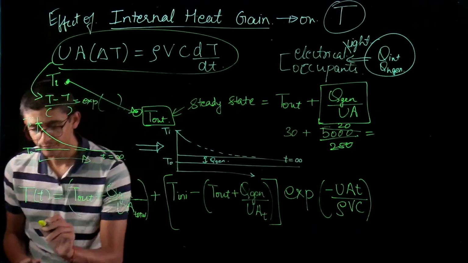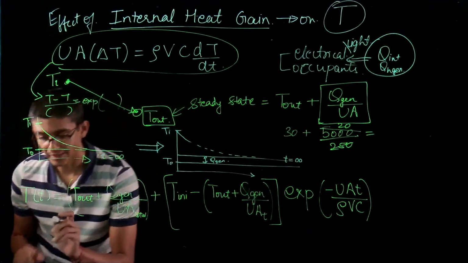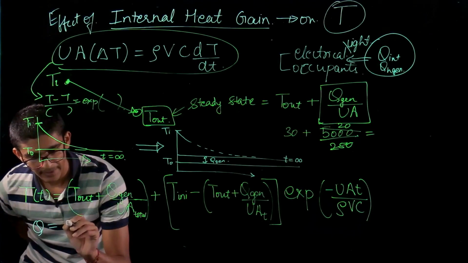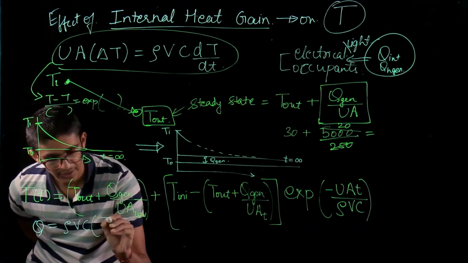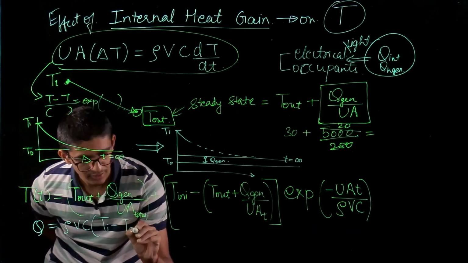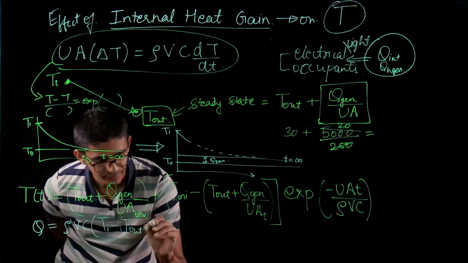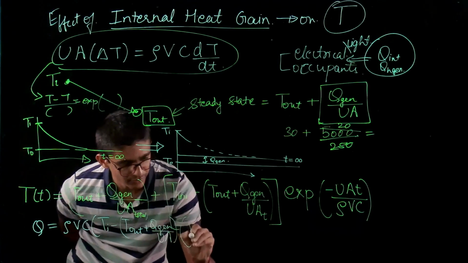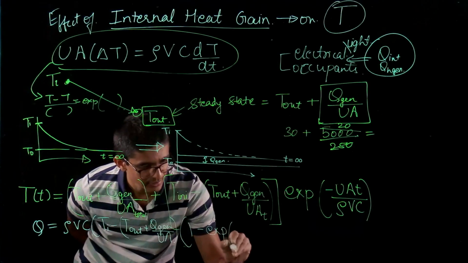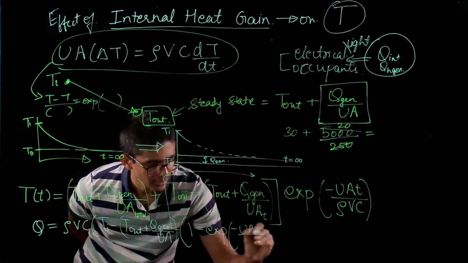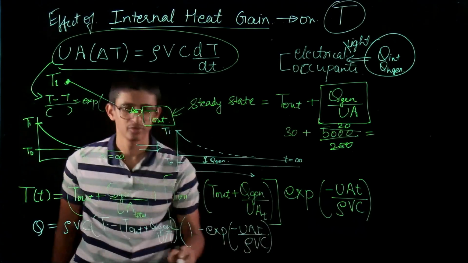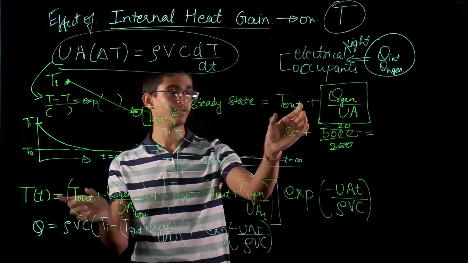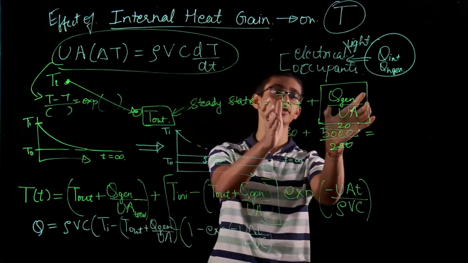And again the Q, which is the total heat transfer happening, is given by rho VC times T initial minus T out plus Q gen upon UA, into 1 minus exponential of minus UA t upon rho VC. So the only change is that everywhere we see T out in our previous formula, we have replaced T out with T out plus Q gen by UA.